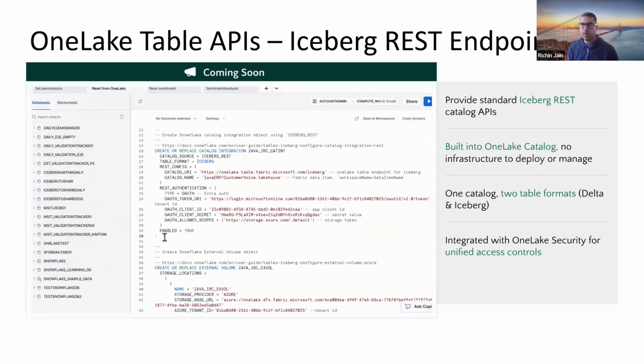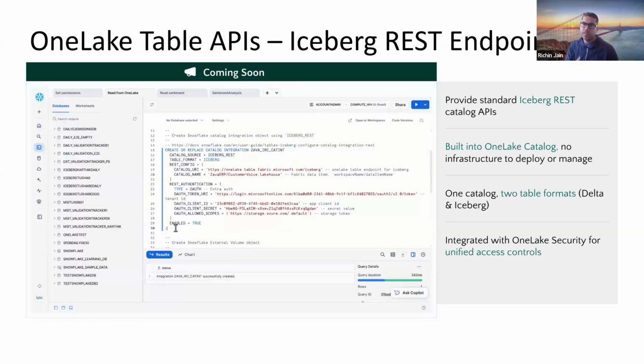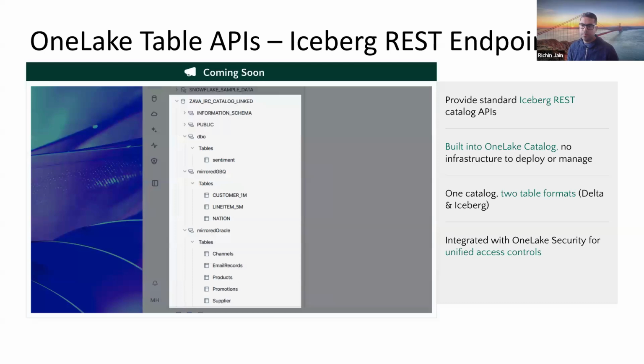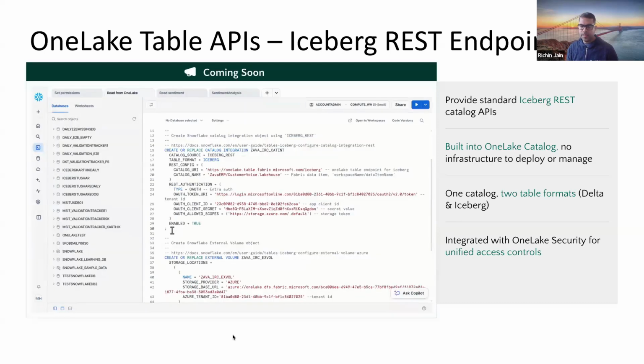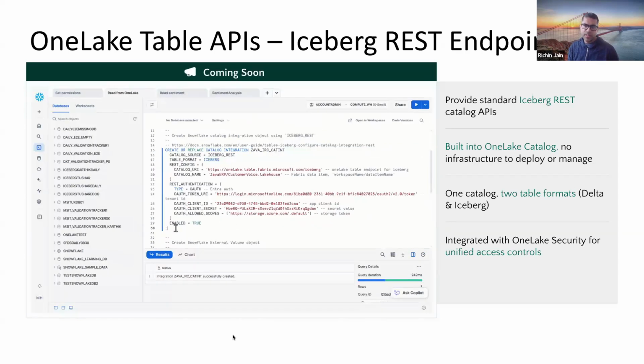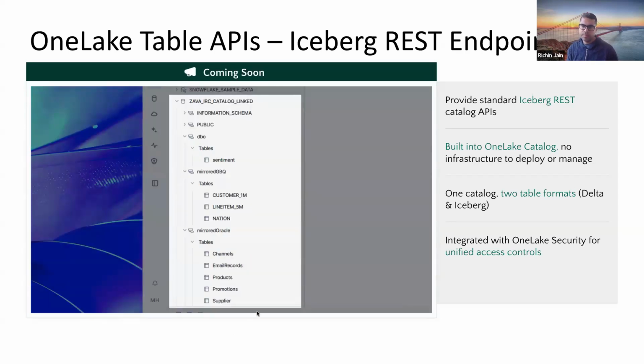So what this means is that all different Iceberg vendors can actually integrate with One Lake through these APIs. And again, these APIs are exposed through our One Lake catalog. And you can also enforce One Lake security through them as well.